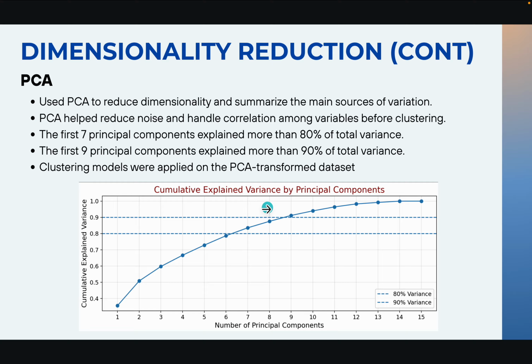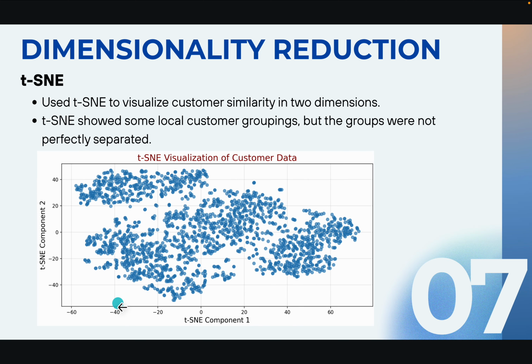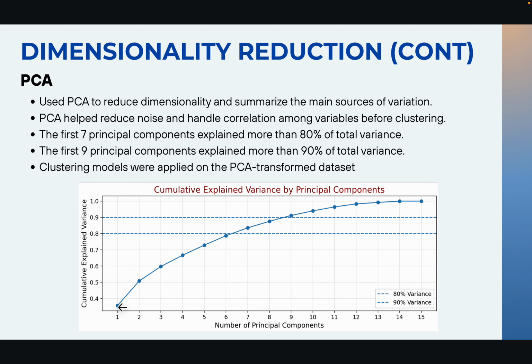Here is the cumulative explained variance by the PCs. You can see that the first principal component captures the strongest customer pattern, at almost 40%.